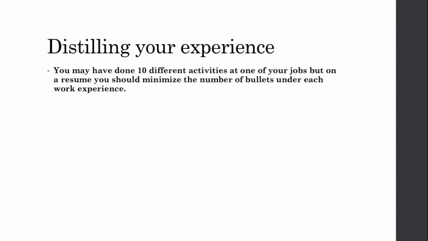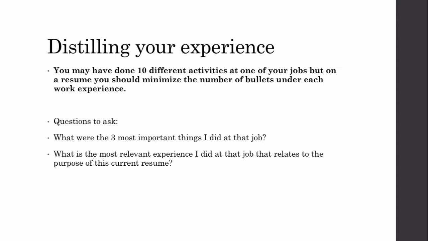But on a resume, we need to minimize the number of bullets for the work experience because we need to make it easy to read, and we need the potential employer to be able to pick out the important things that you've done at that experience that are relevant to what you want to do at the new position. So some questions to ask here: you might ask yourself, what were the 3 most important things that I did at that job?